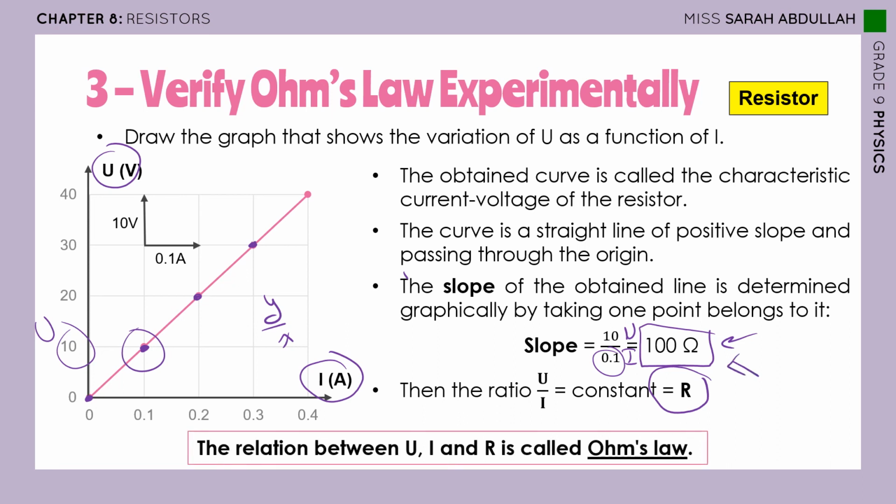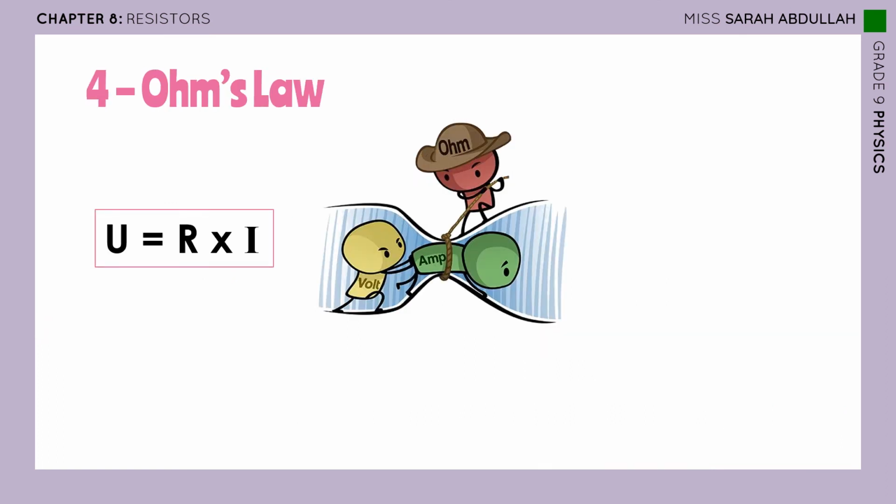The relation between U, I, and R is called Ohm's law. So now I know that U over I, the voltage across the resistor over the current that is flowing through the resistor, equals the resistance of the resistor. This relation is called Ohm's law.